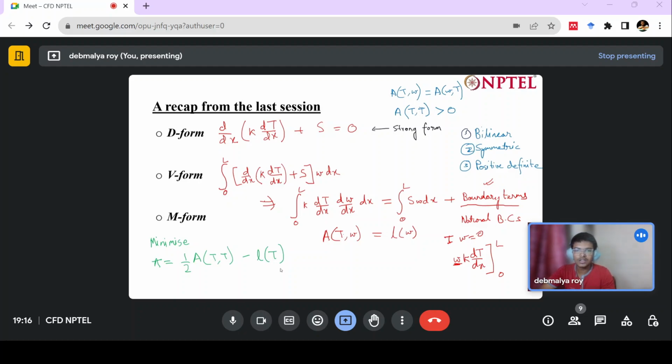So that gives us the Euler-Lagrange equation. So those problems are basically minimization problems, and this has similar roots. If you convert the minimization of the Lagrangian into a differential form, you will get the Euler-Lagrange equation. So these all are connected, and we can transform from one form to the other.